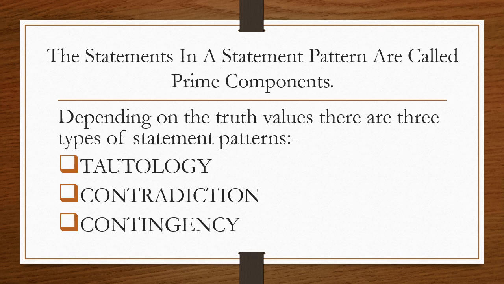And if it is neither a tautology nor a contradiction, then we come to the third, that is contingency. Contingency means the truth values of that statement pattern will be a combination of true and false values. For some cases it will be true and for some it will be false, a mixture of both. Now let's see the detailed definition of the three.